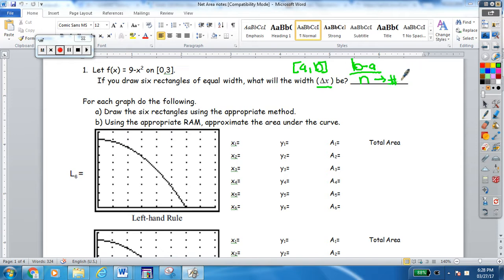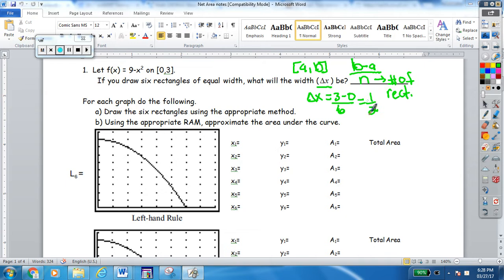So in this example, our delta x will simply be 3 minus 0 divided by 6, which you will note reduces to 1/2. So that means each rectangle is going to be 1/2 wide.